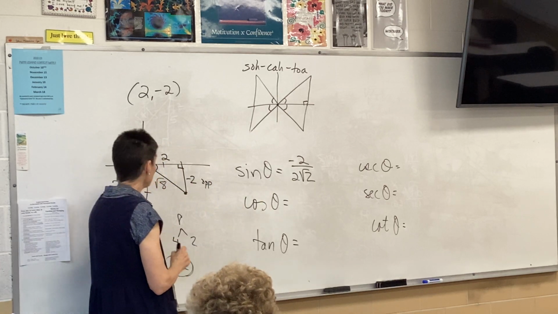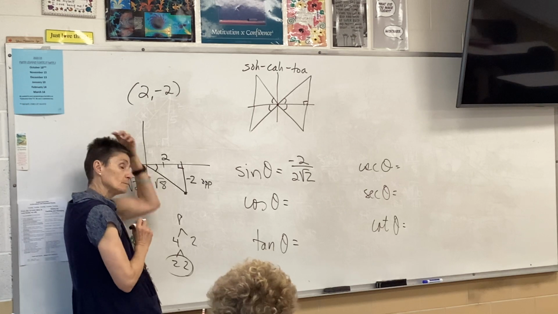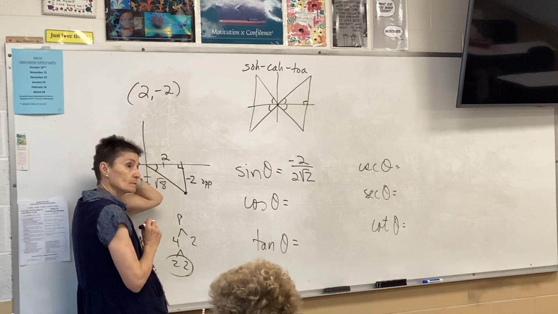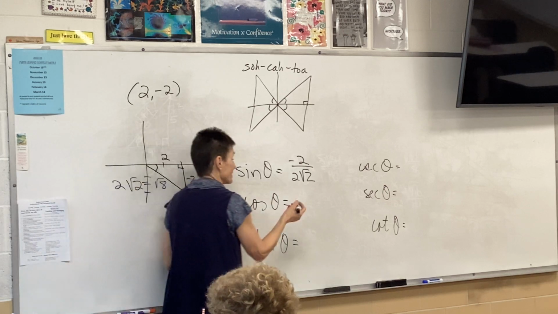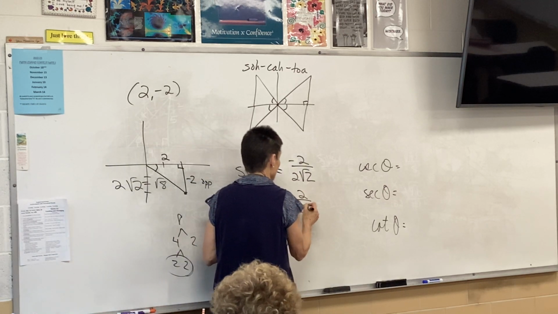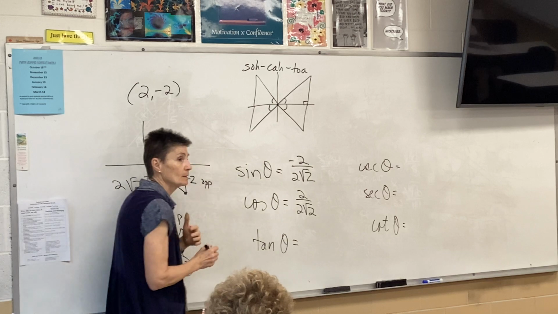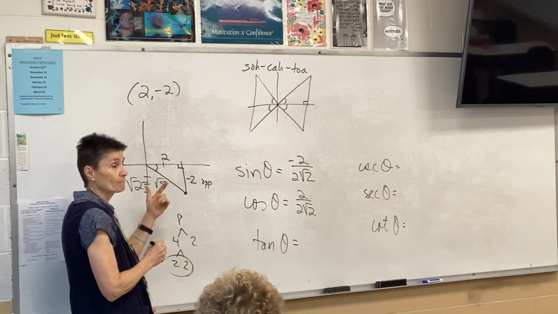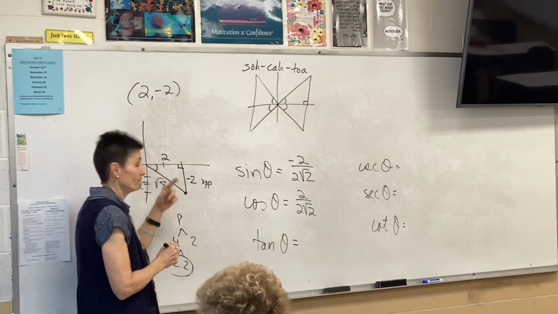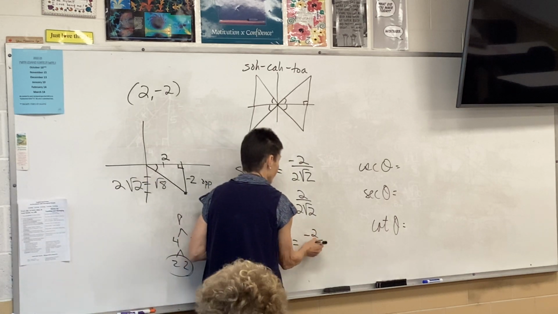All right, what about cosine? Adjacent over hypotenuse, so it'll be the same thing but positive, 2 over 2 root 2. And what about tangent? Opposite over adjacent. So negative 2 over 2.